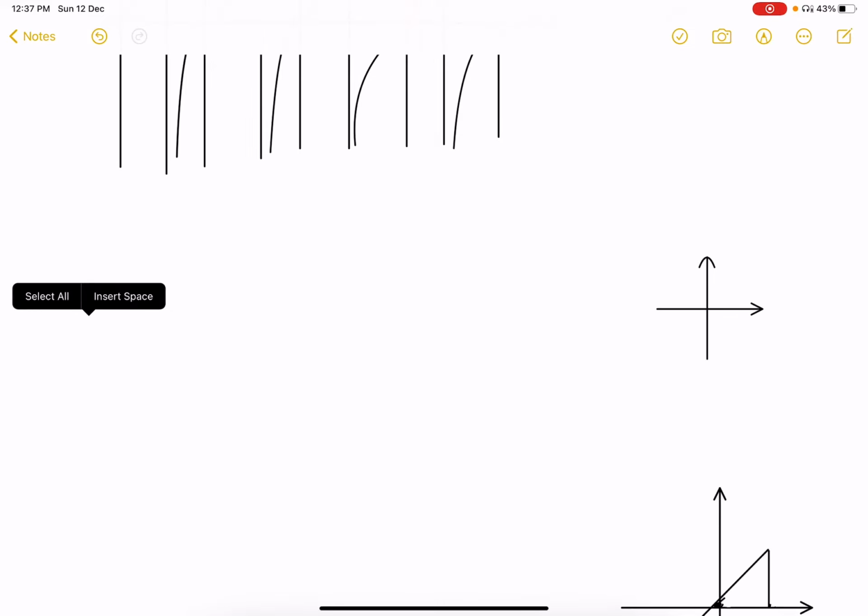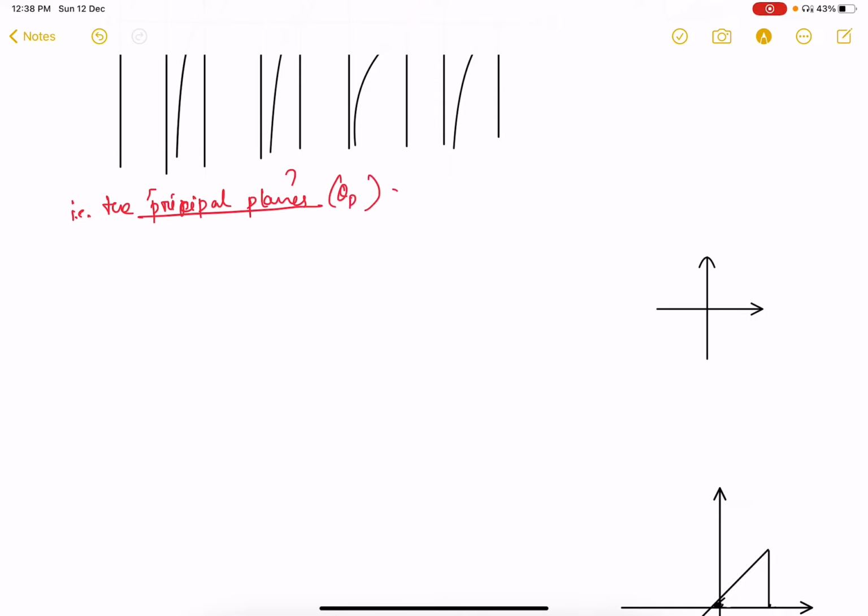That is, the principal planes θp are 90 degrees apart. Since 2θp are 180 degrees apart, θp is definitely 90 degrees apart. 90 degrees means mutually perpendicular planes.